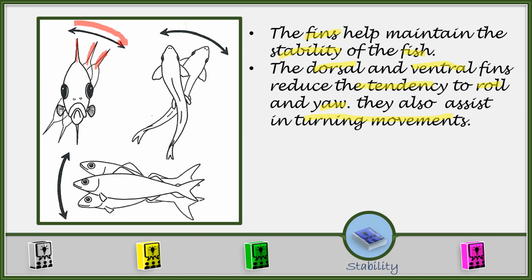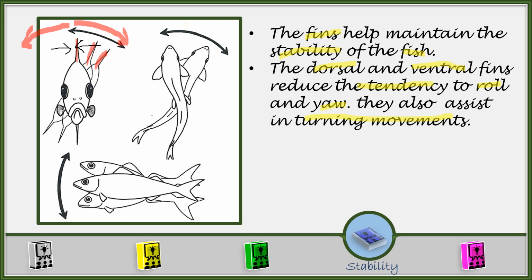If the fish goes this side or it moves away and goes that direction, that is rolling. So the dorsal fin here is going to provide resistance on either side. Water this side will provide a resistance on that side, and the water on the other side will provide a resistance on this side.